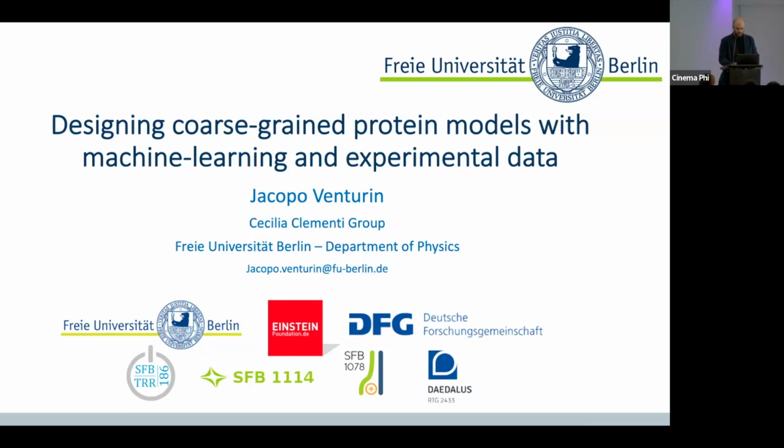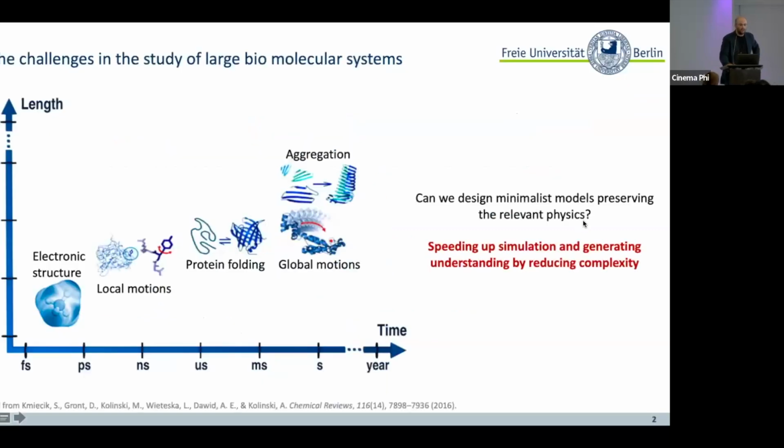So let me start with this introductory idea. Why do we need coarse-graining? Well, because essentially when we have to deal with biological systems, we need to study a very wide range of time and length scales, right? So we might be interested in studying very detailed and small processes, like, for example, the electronic structure.